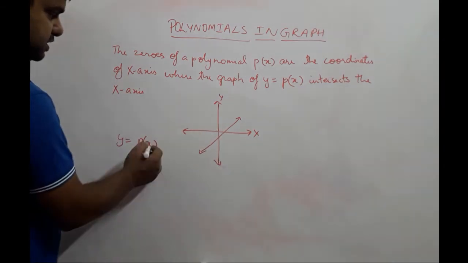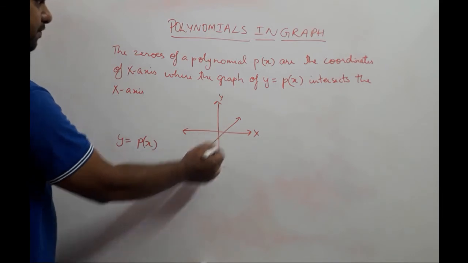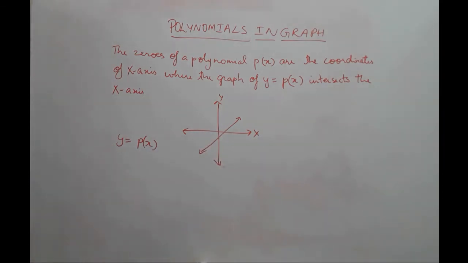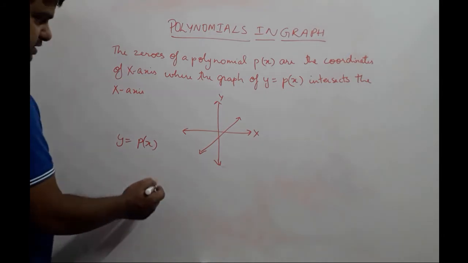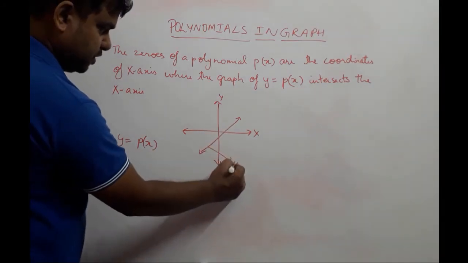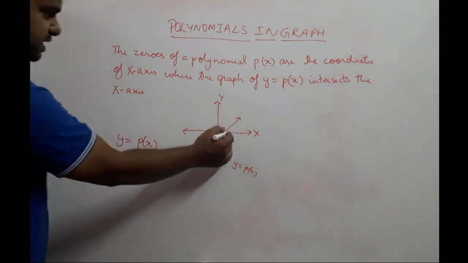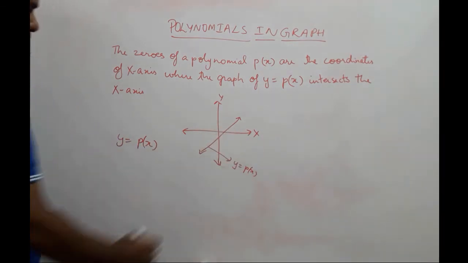So that means this value lies over here where the graph of y equal to p of x intersects the x-axis. So this is what we have drawn. The equation of this line is y equal to p of x, and this intersects the x-axis at this particular point.